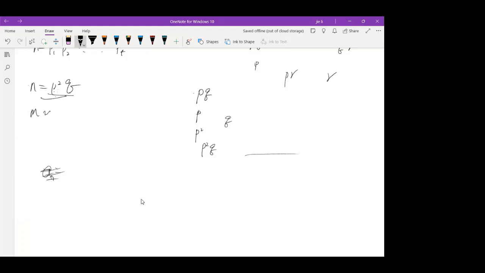So M is the total number of prime factors. So we already showed M equals 3, that's okay. Equal to 1 or 2 is not going to have a solution.